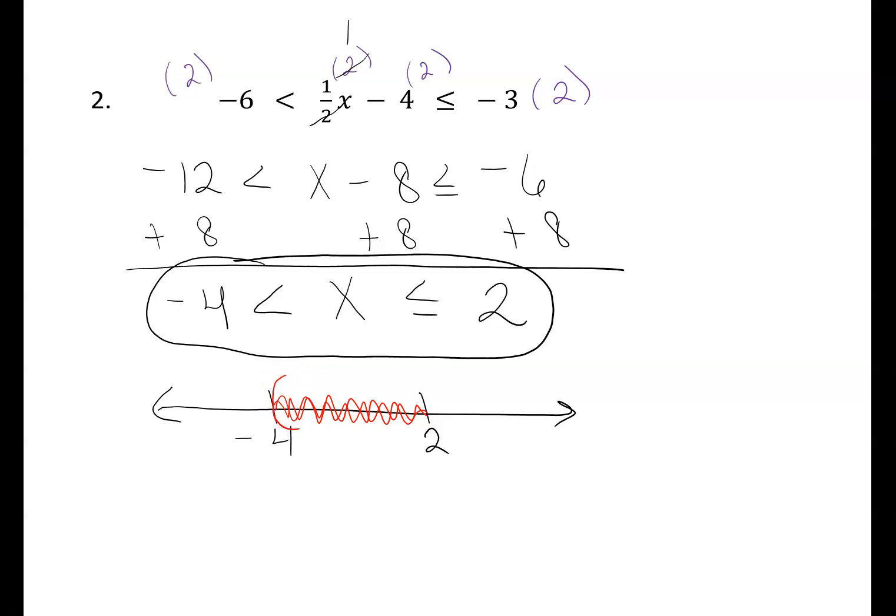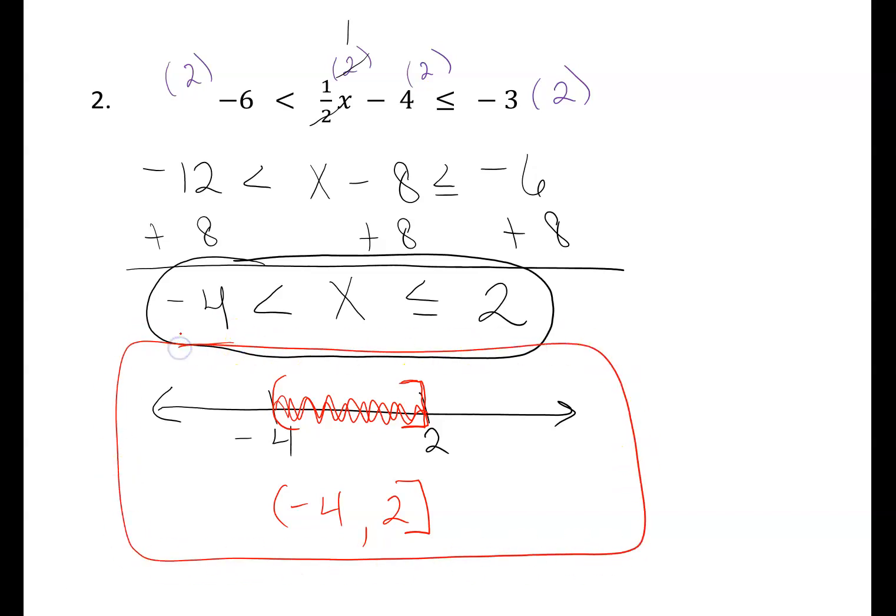The 2 does have the equal to bar, so, oops, I must have messed that up there, square bracket on the 2. And same on the interval, parentheses, square bracket. So that is the end of our lesson on linear inequalities.